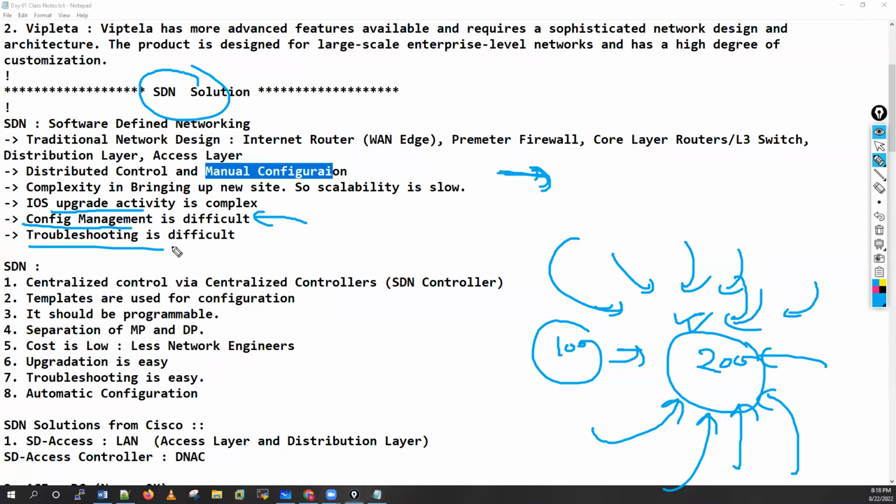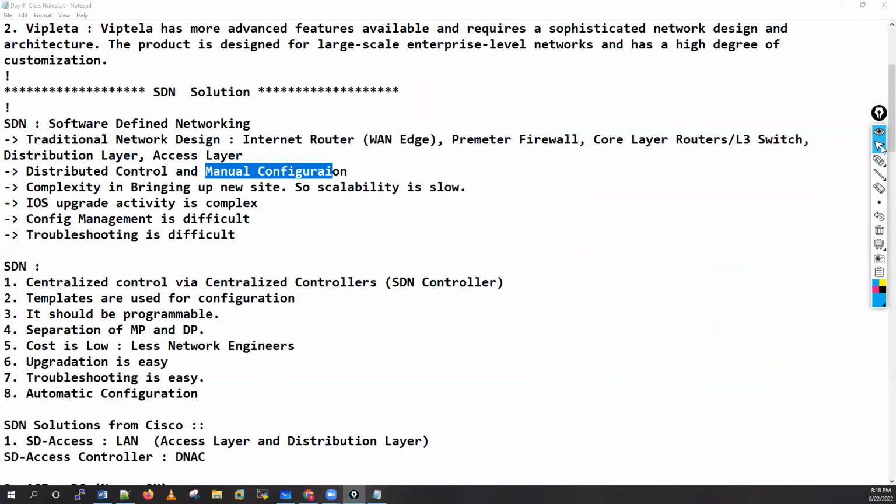Troubleshooting is very difficult in the old environment, but nowadays you can troubleshoot all device problems from this single pane of glass, from this controller. You can even SSH into the device from here and check the health of that device from here only. Such problems are solved by SDN technology, guys, or SDN solutions.